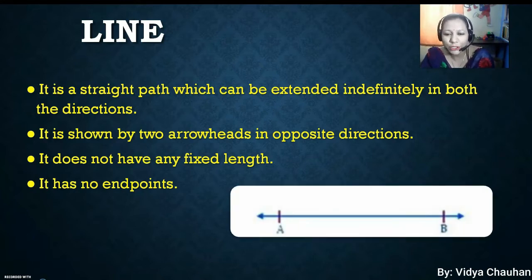Here in the image you can clearly see there is a line AB, and on both sides you can see there are arrows. These 2 arrows represent that it is a line.